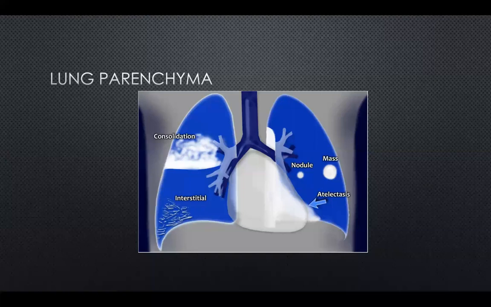Nodules are just small lesions that you can see in the lung, and then a mass is a bigger lesion. So essentially you're describing what you can see. So can I see consolidation, interstitial changes, a nodule because it's small, or a mass because it's large?